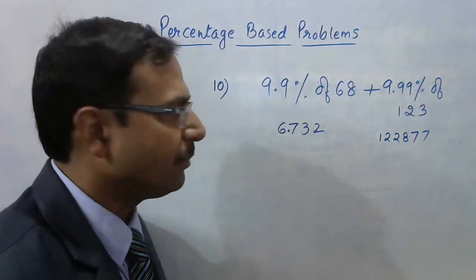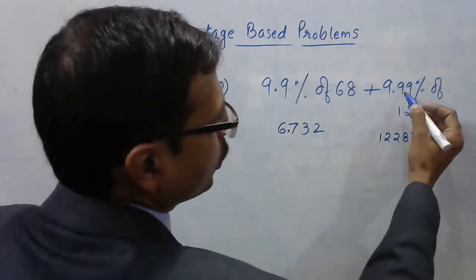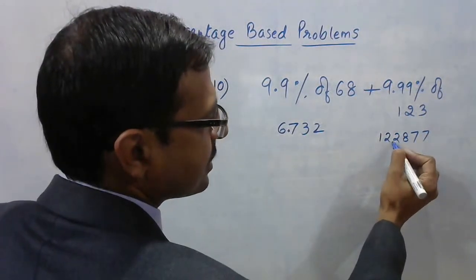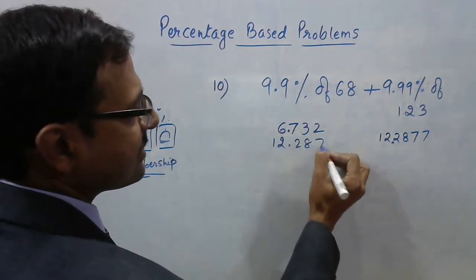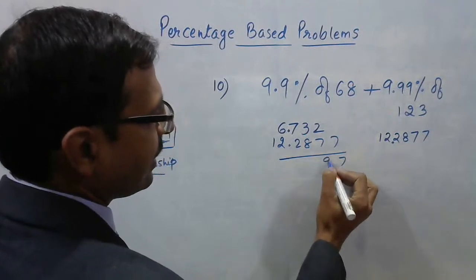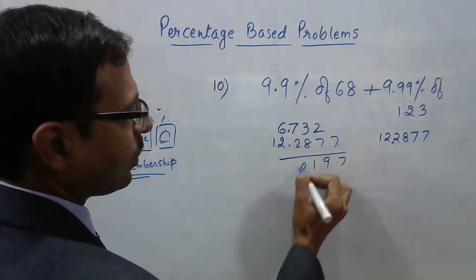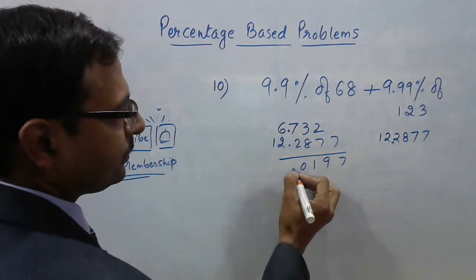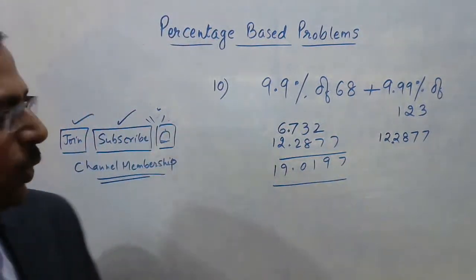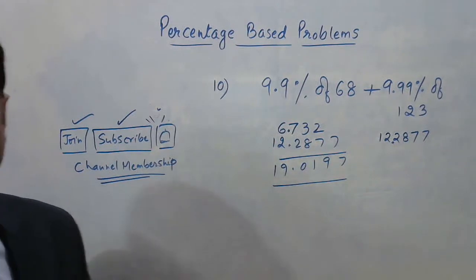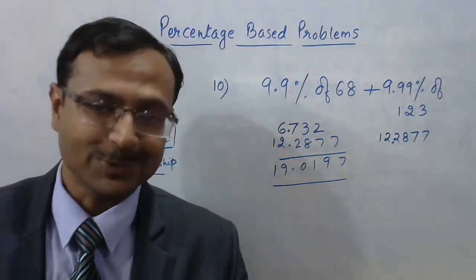A Vedic method for solving. So 2 plus 2, 4 digits. So this becomes 12.2877. So write it like this, 12.2877. And then we have a 7, 9, 1, 0, and then a 9 and a 1. So 19.0197, the exact answer which I was looking for in this question.